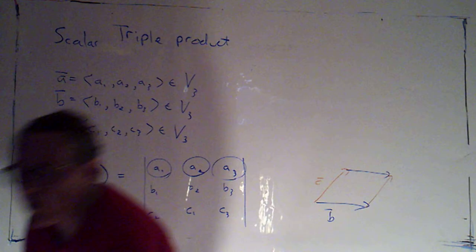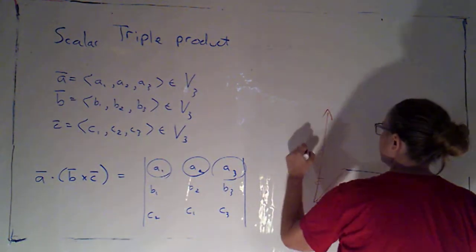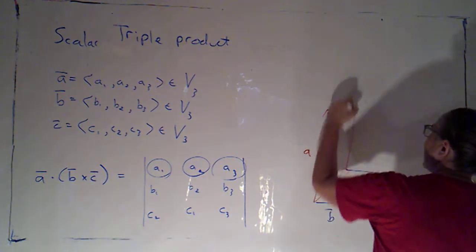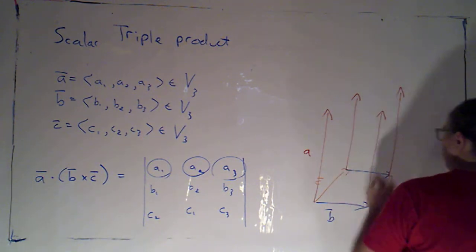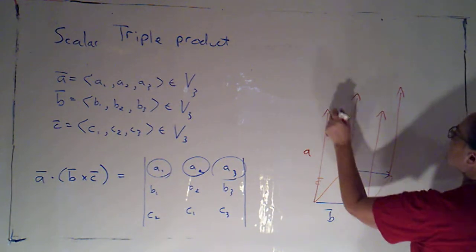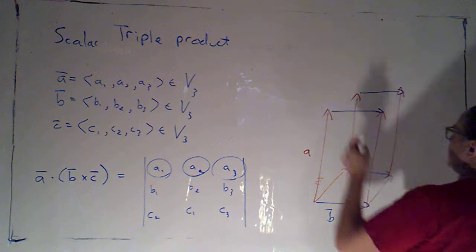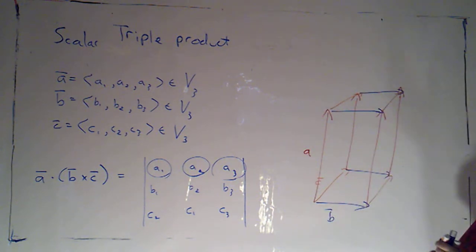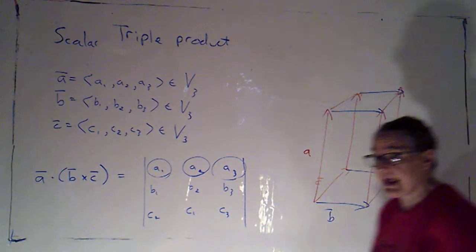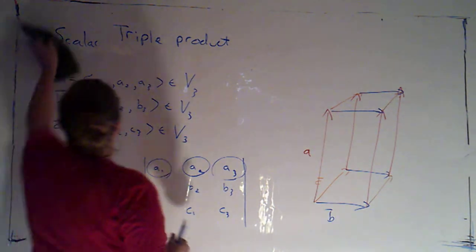And then I said, let's call that red vector A, and let's let that be the one that's sort of determining the height of this shape. All right, so let me get this drawn in here. All right, so there's our non-degenerate parallelepiped. And let's see if we can't calculate the volume of this thing.